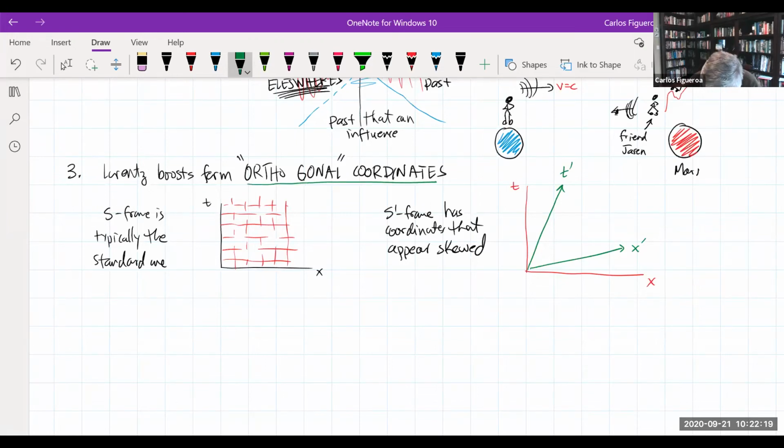So if you were to derive these, you could show that even though they look skewed, they're orthogonal nonetheless. So they form a right angle in this coordinate system. If I could say right angle, right? Right angle is really not the right word to use, but that's what I mean by that.